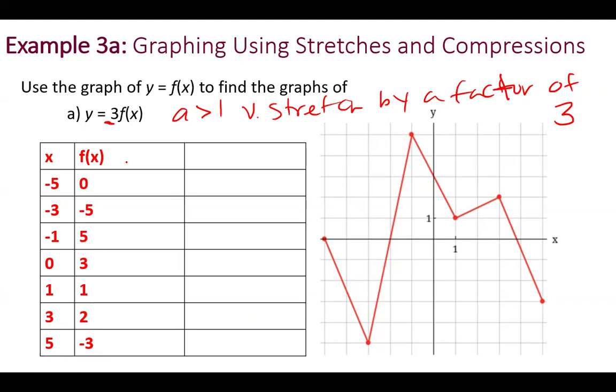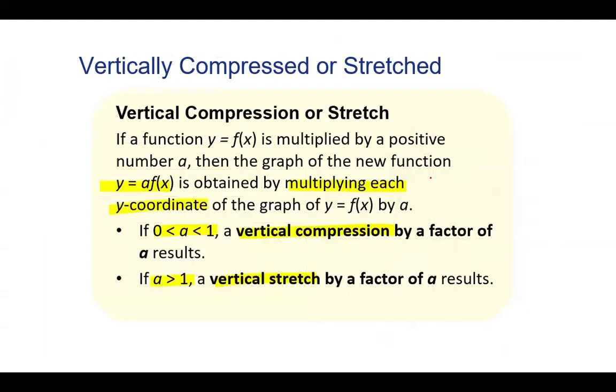We now are doing what to our f of x to make this transformation? What are we doing to it? I need to vertically stretch it by a factor of 3. And what did it say we do? Right.